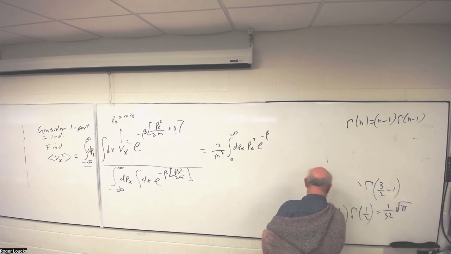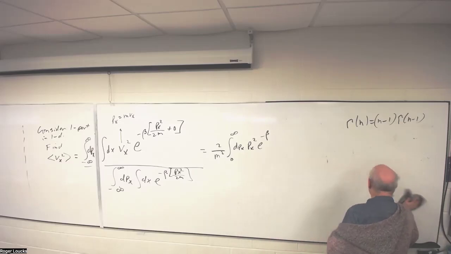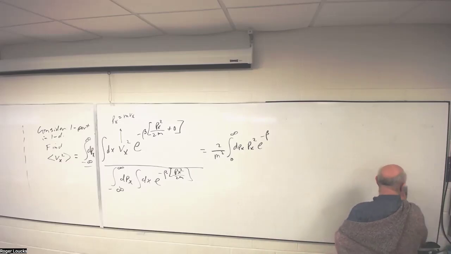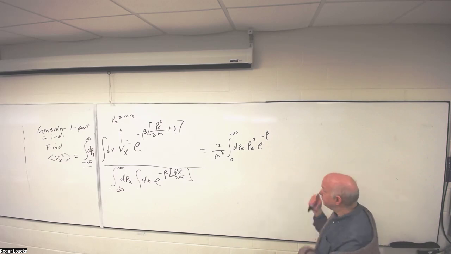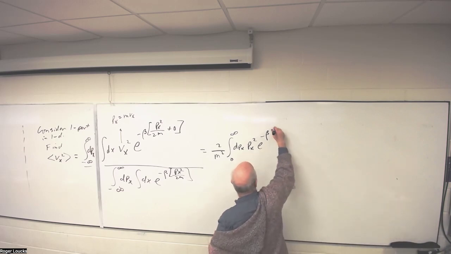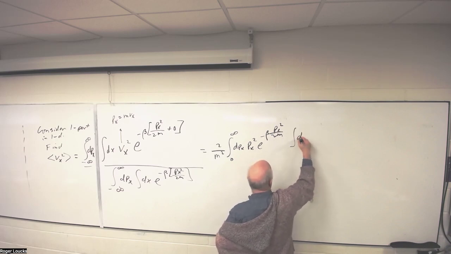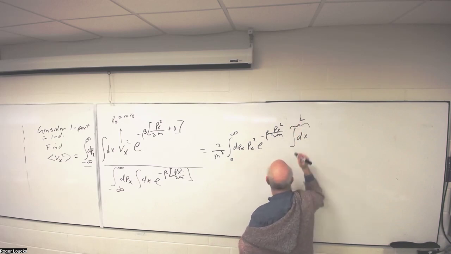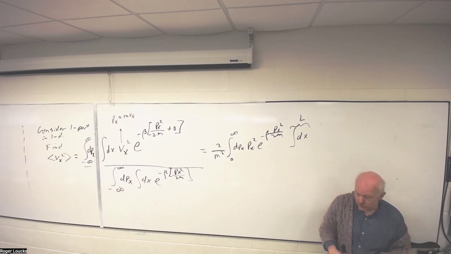You're also going to have the two. It's all going to go away, but I'm going to make it explicit initially. And this integral dx, this part here is just going to be our length of the box L.